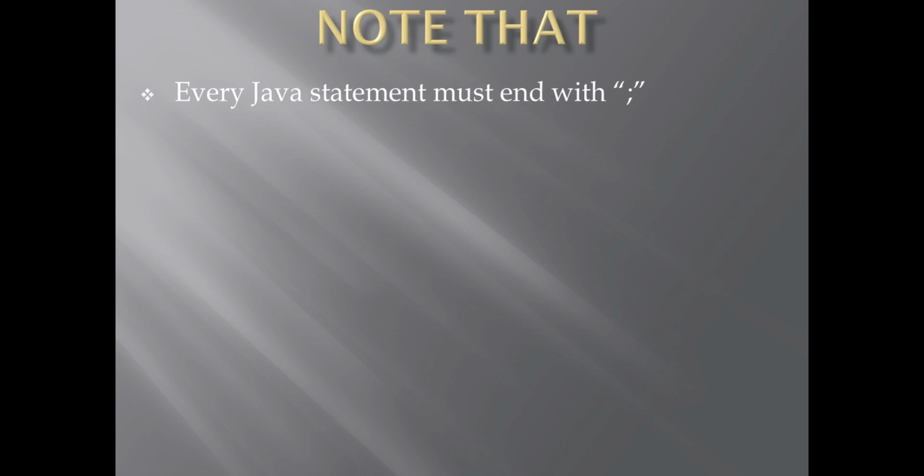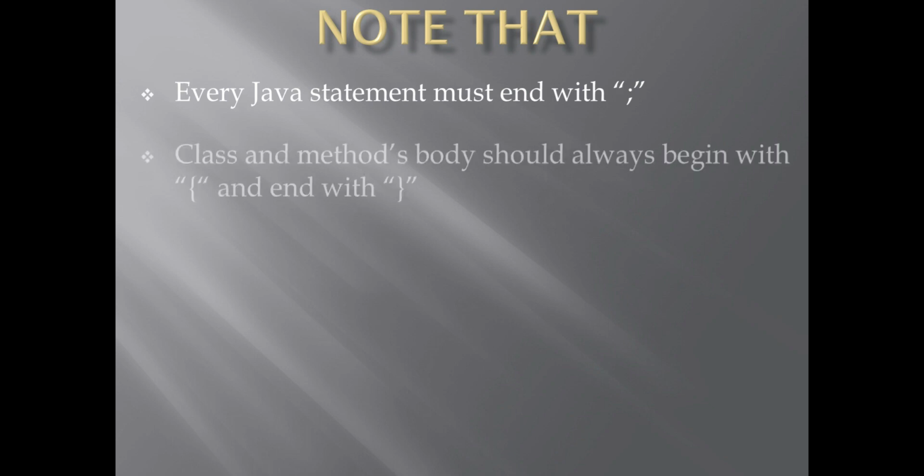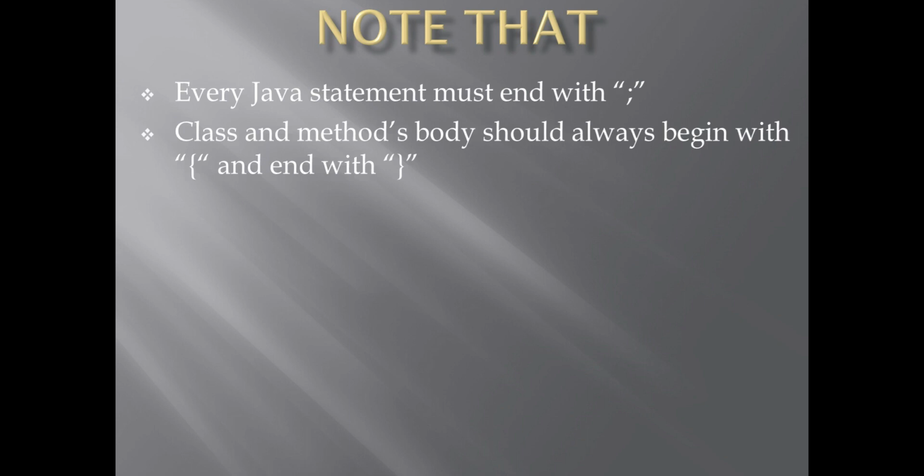Without this semicolon, it will give you an error. What else? Class and method body should always begin with an open curly bracket and end with a closed curly bracket. And in between, you should type your code.